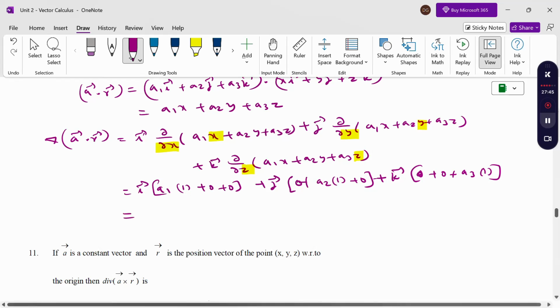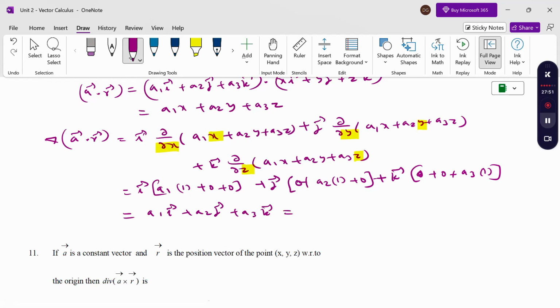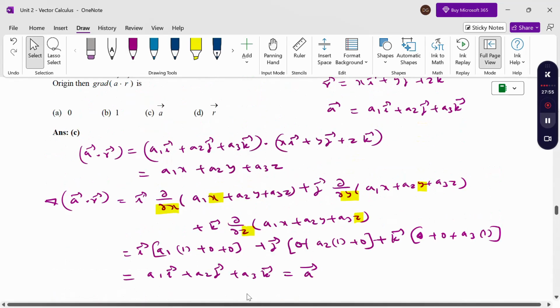So what is the term? a1 i vector, a2 j vector, a3 k vector is nothing but a vector. See the answer, C option, a vector.